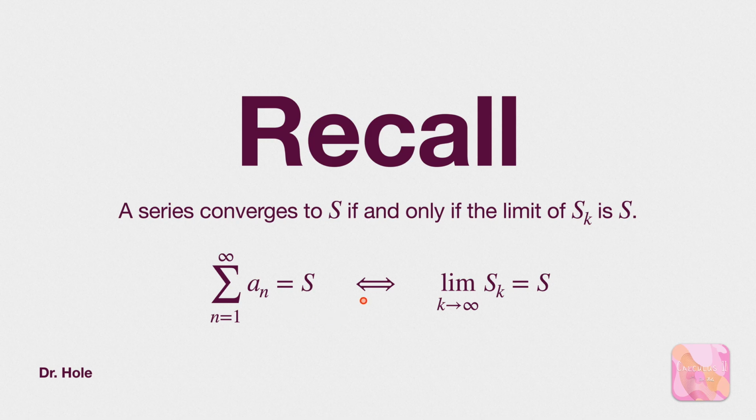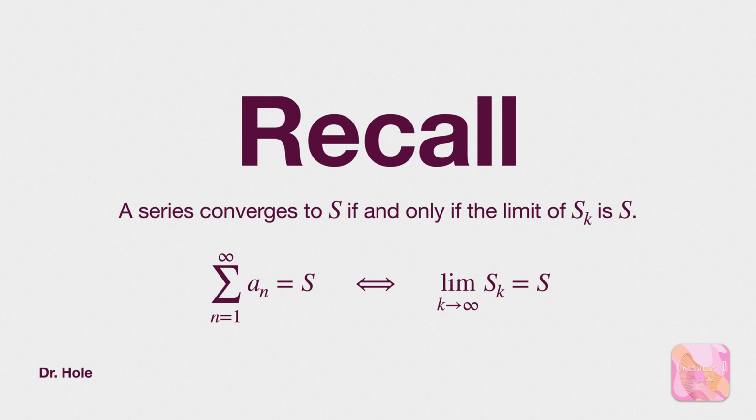By definition, what does it mean for a series to converge? If instead of taking 1 to infinity, all terms of the sequence, we only take 1 to k, that's the kth partial sum, denoted s sub k. That value will exist for every integer k.